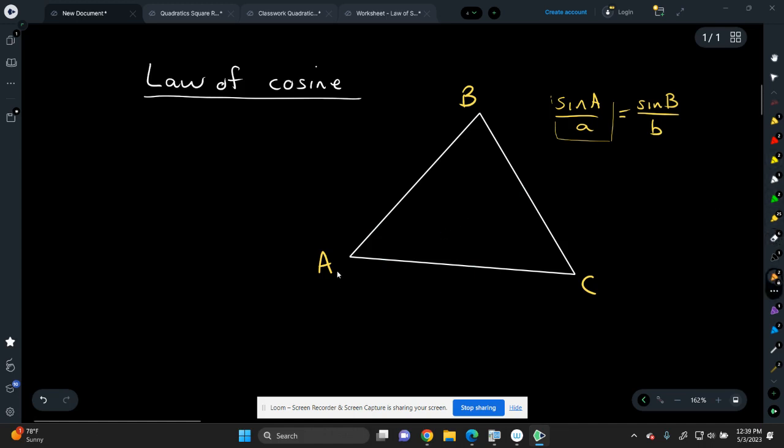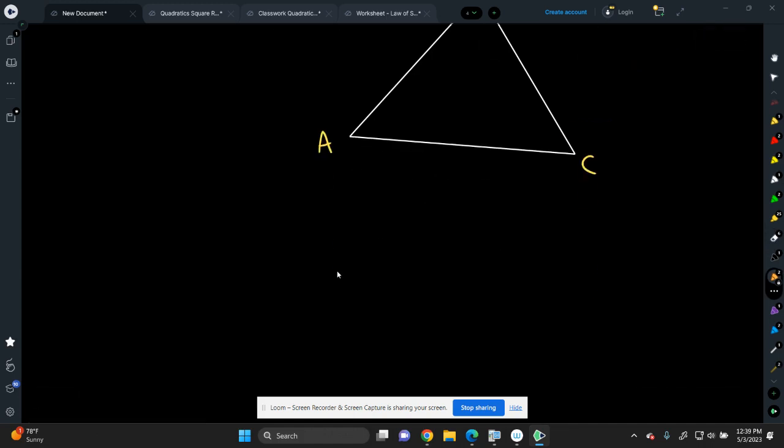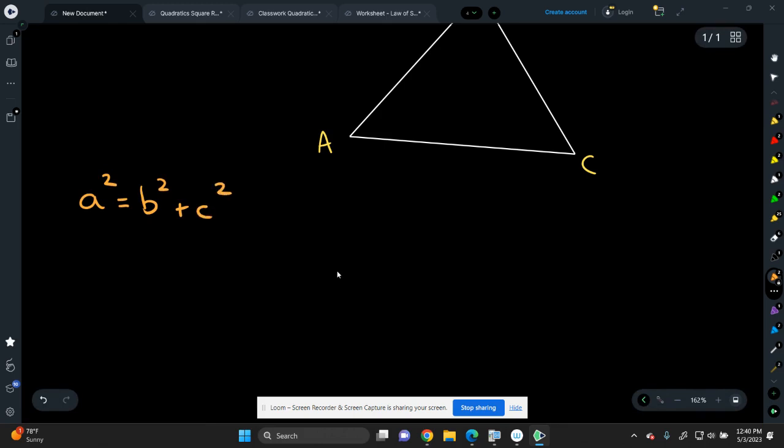So the formula for the law of cosine looks like this. A squared, and this is referring to side A, lowercase, right? A squared equals B squared plus C squared minus 2BC times the cosine of A. There's 2 other versions of the same formula.